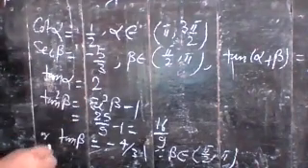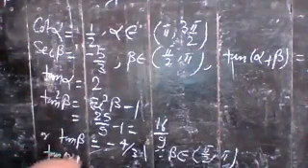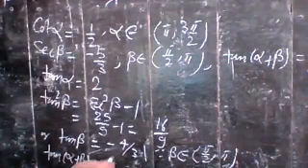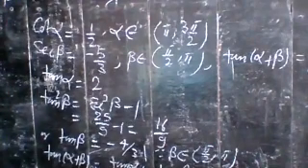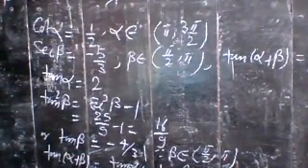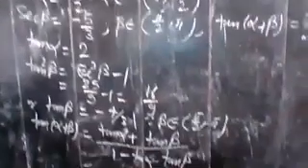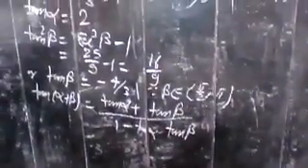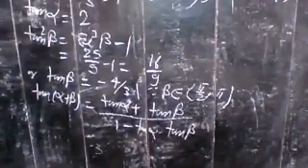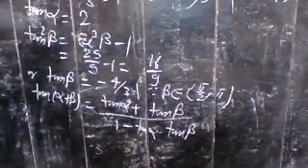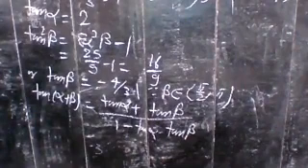Now applying the identity, tan alpha plus beta is equal to tan alpha plus tan beta upon 1 minus tan alpha into tan beta. Putting the values of tan alpha and tan beta, find its result and try to simplify it. What is your result? 2 by 11.